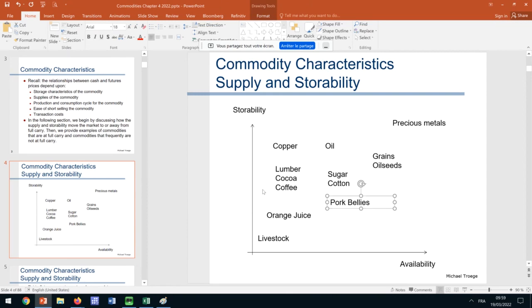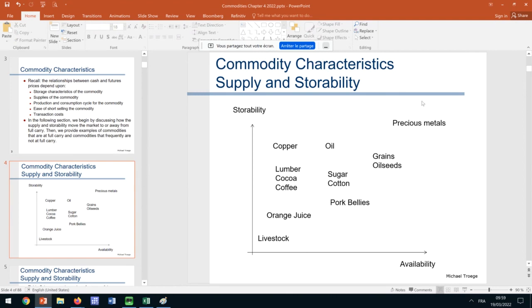These characteristics will define how often these commodities are in contango or backwardation, and how much information you have about the future price from the futures price.